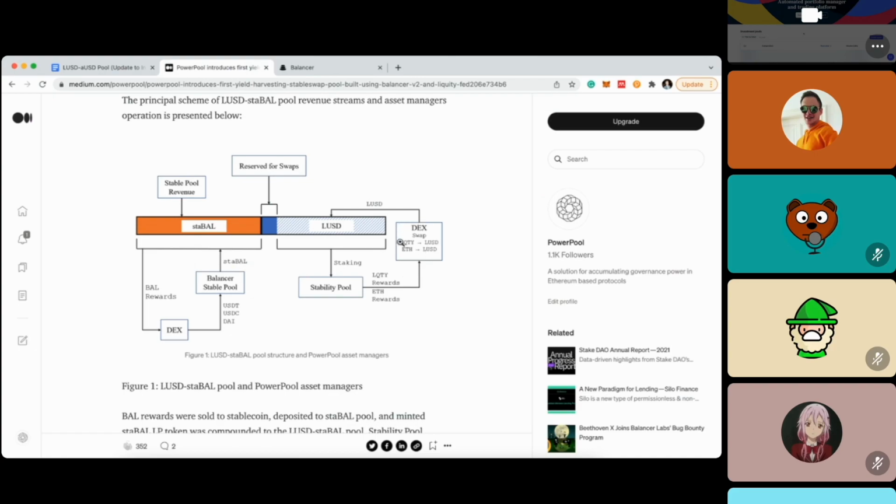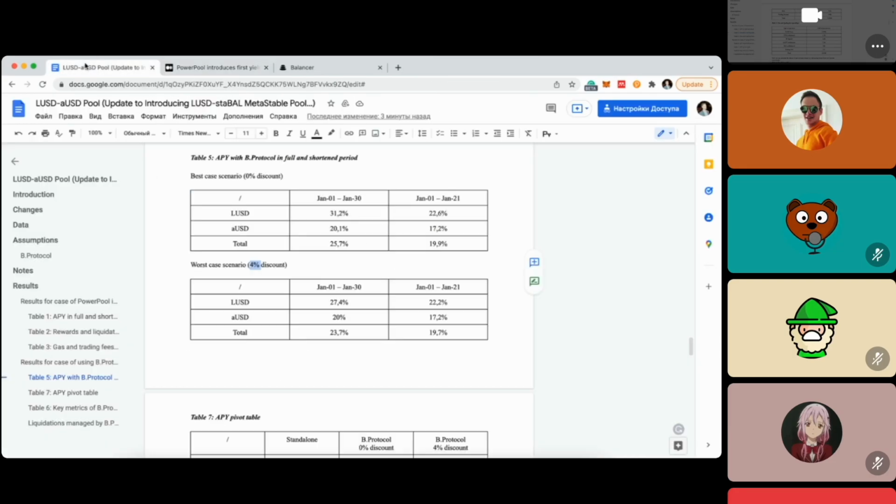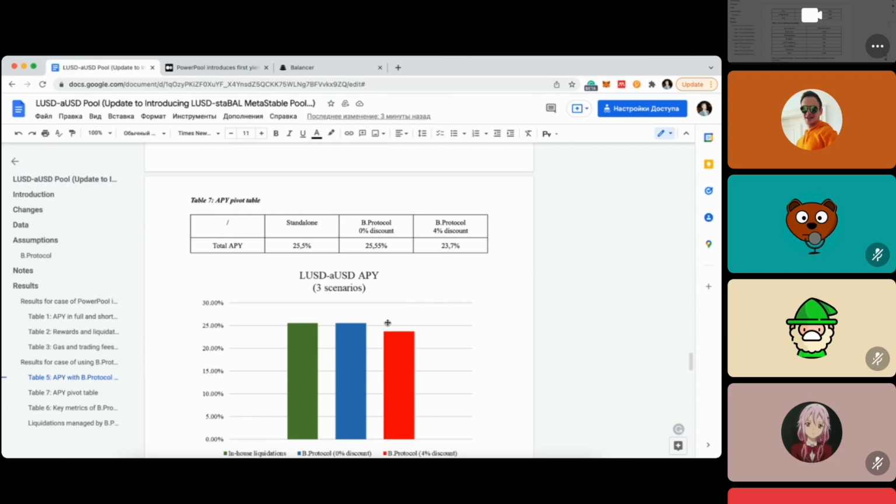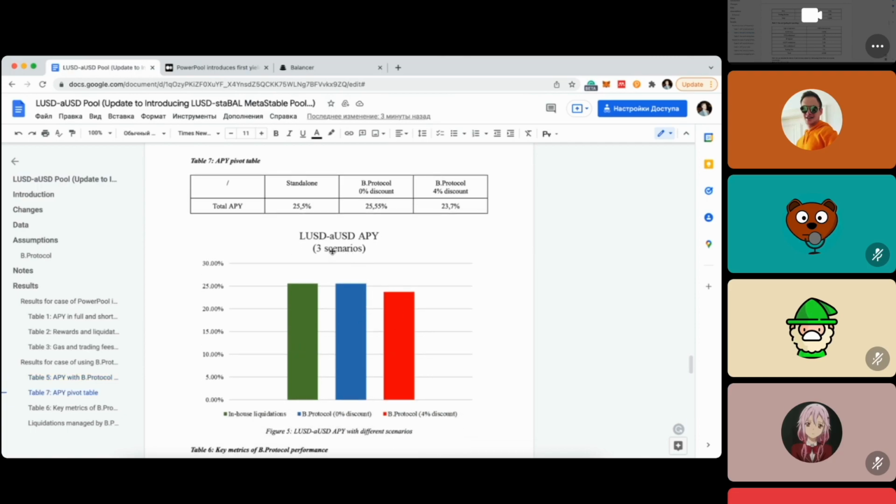it means nobody guaranteed that you can sell Ethereum to LUSD at the same rate at which we got it when the market is falling. So I think that a 4% discount in a liquidation auction is quite a good amount, not so big in the case of a market crash. Here we have 3 scenarios for APY for the pool.